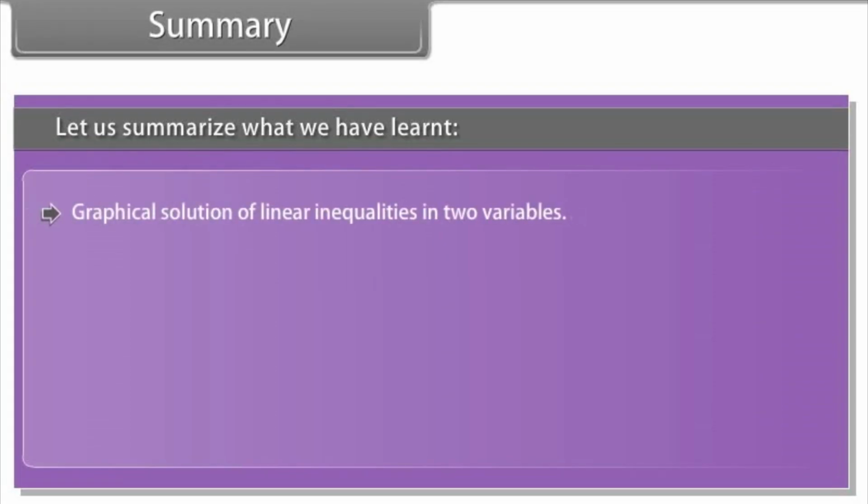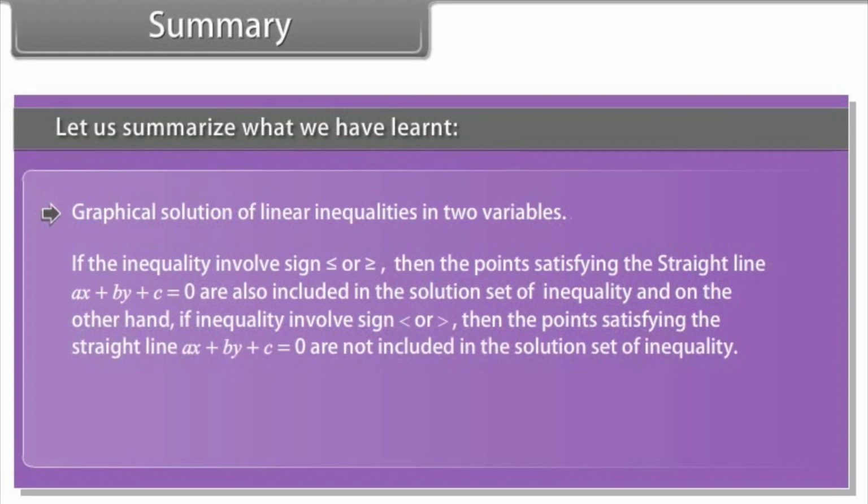Graphical solution of linear inequalities in two variables. If the inequality involves the sign less than or equal to or greater than or equal to, then the points satisfying the straight line ax plus by plus c is equal to 0 are also included in the solution set.